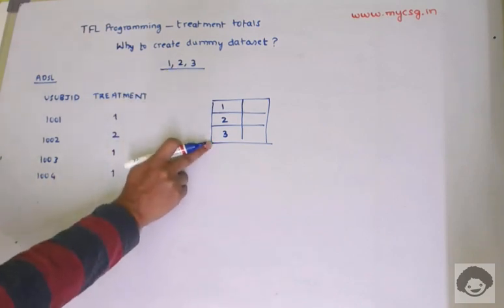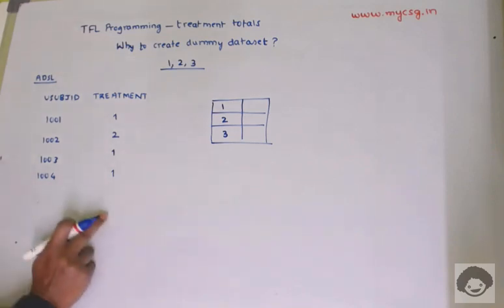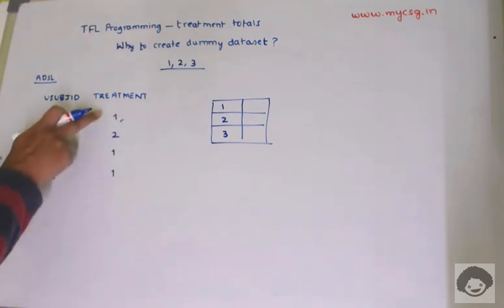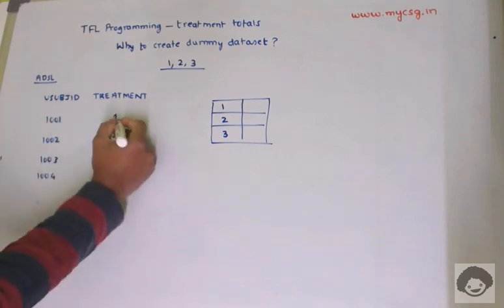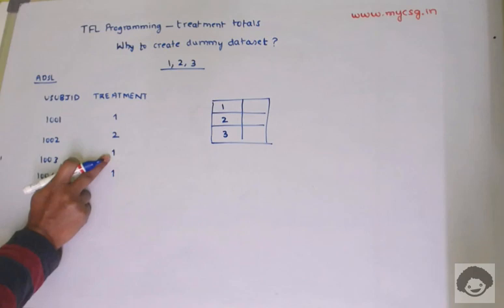So we have our actual data. Let's count how many subjects are there in treatment 1. There is one record with a value of 1, this is the first record, and there is a second subject with a value of 1, so the total has become 2, and there is this third subject.